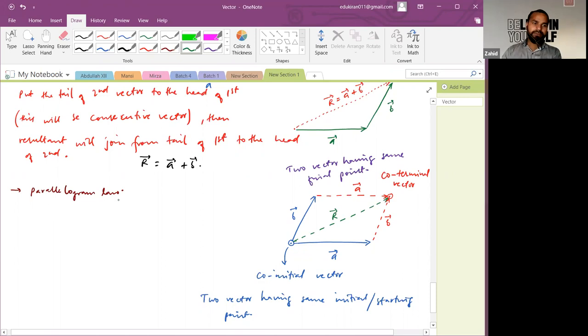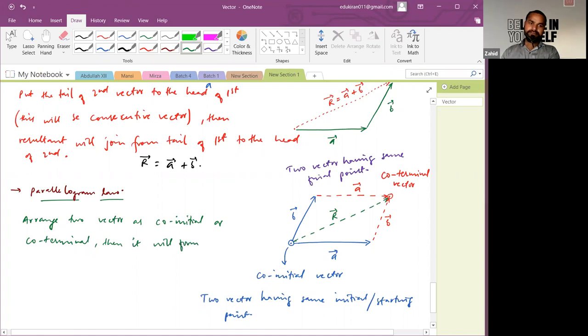So the parallelogram law states: arrange two vectors as co-initial or co-terminal, then it will form a parallelogram.